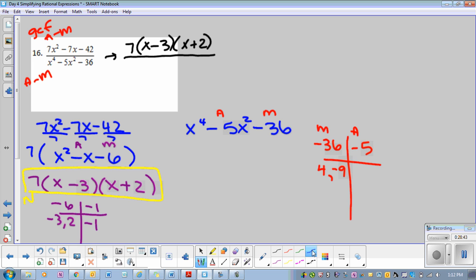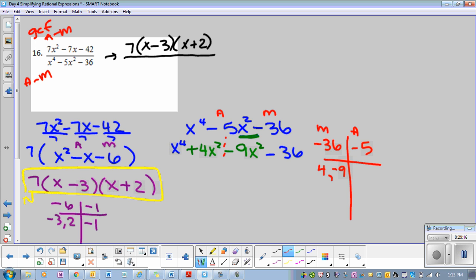With the x to the 4th, we said to use the grouping method. There is a shortcut for this too, but I'll show you guys. Remember the middle term is x squared, so don't forget to put plus 4x squared minus 9x squared and then minus 36.